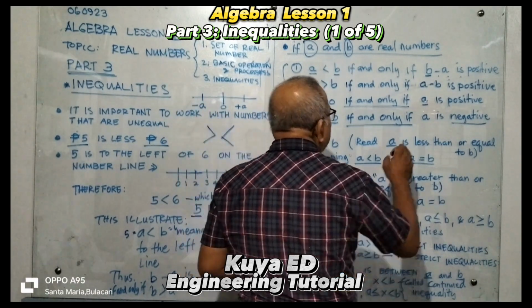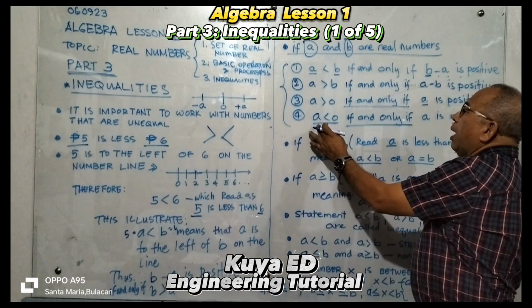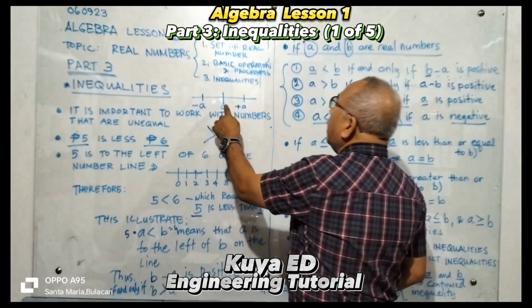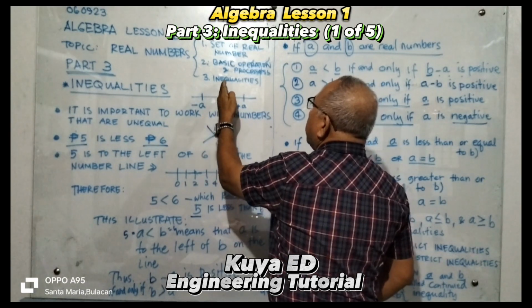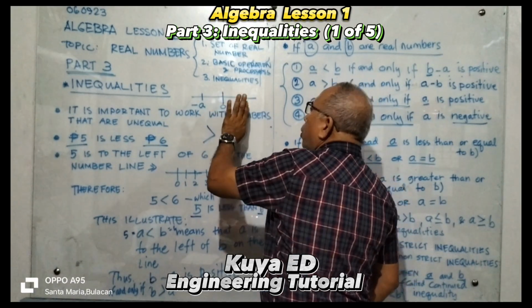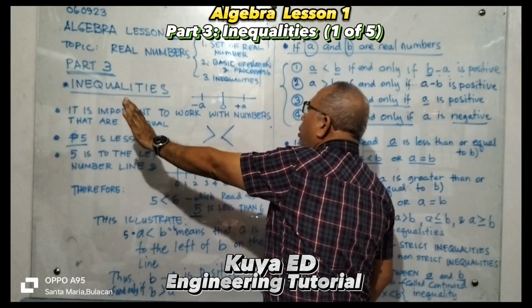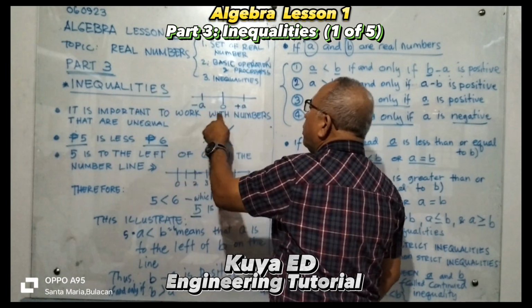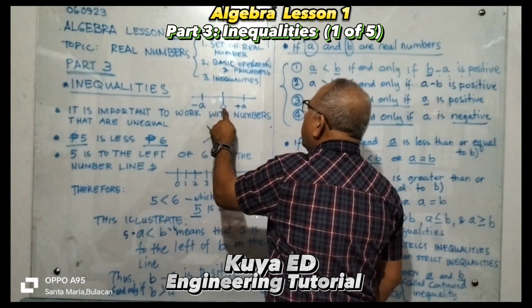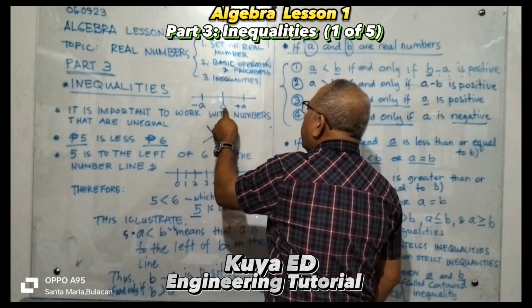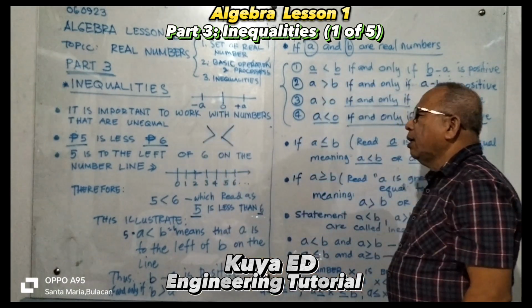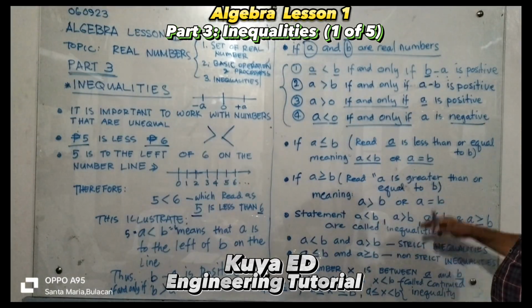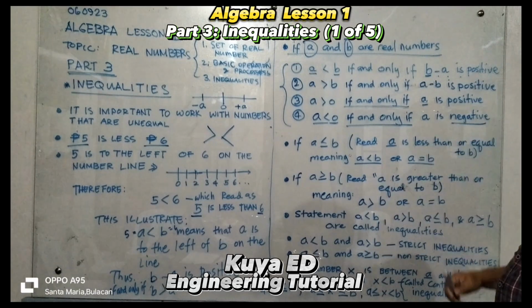Tama daw yung statement na ito na A is less than 0, kasi dito makikita natin, less than nga naman. Dito yung 0, all below 0 or to the left of 0 is negative. So, 0 is greater than negative figure. Ito yung statement natin.